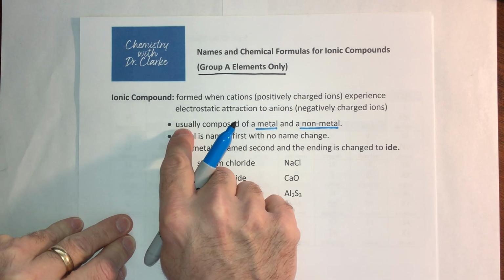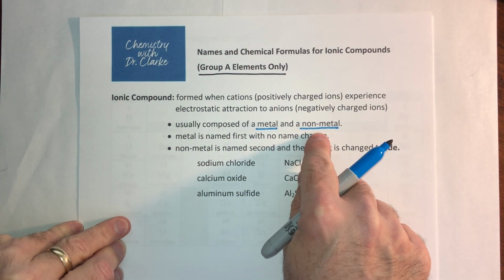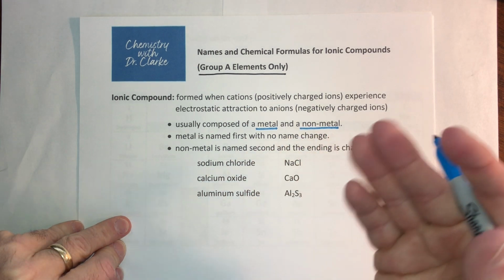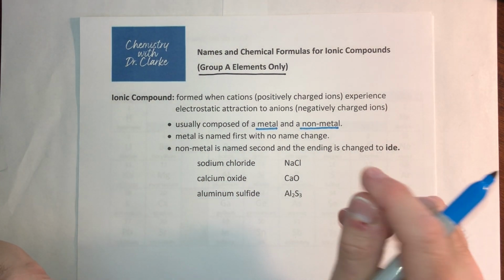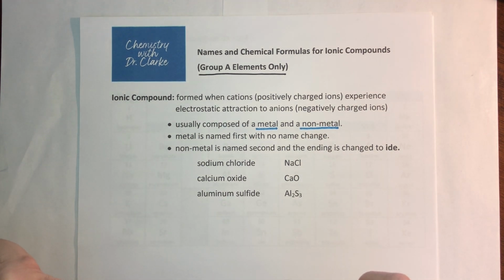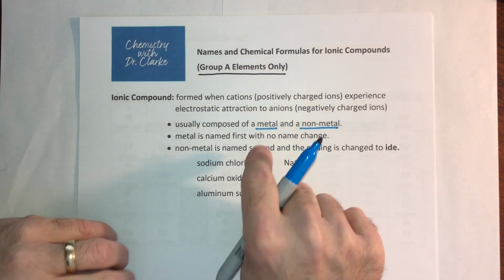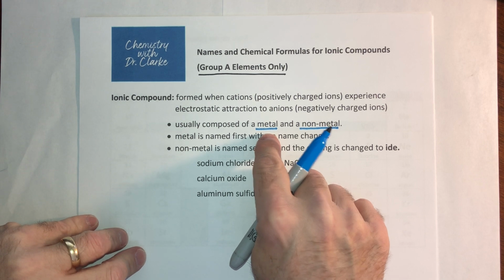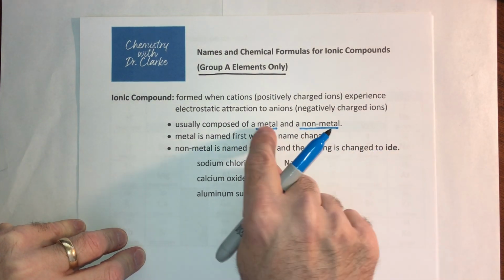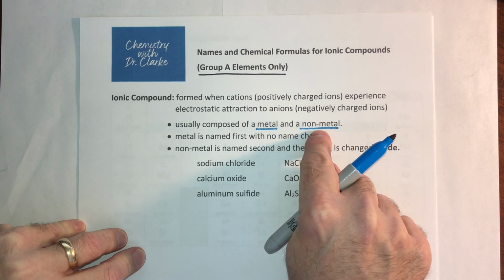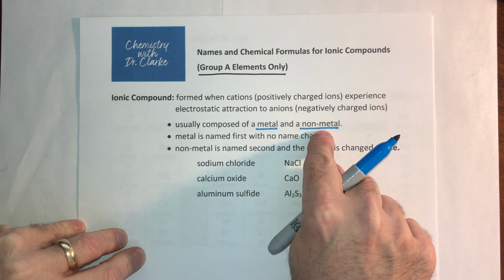Now, I do say usually composed of a metal and a nonmetal, because when you get to the third part of the ionic compounds video list, we do talk about polyatomic ions. A polyatomic ion can replace the metal or it can replace the nonmetal. So you could eventually end up with polyatomic plus nonmetal or metal plus polyatomic.